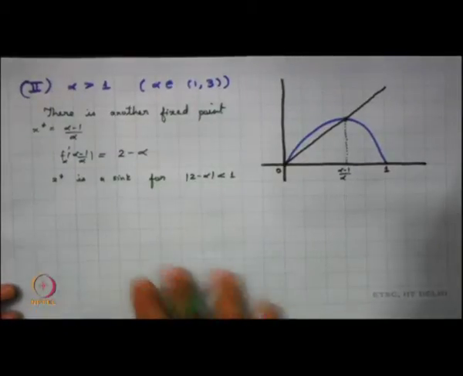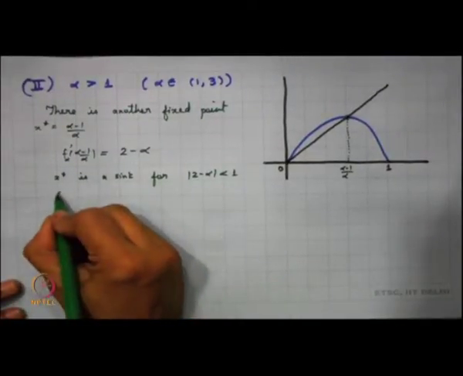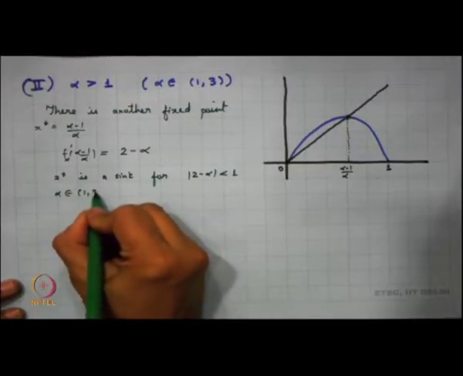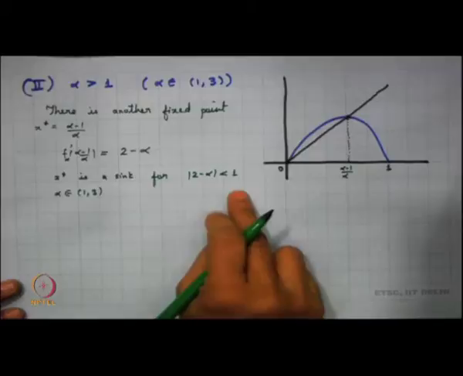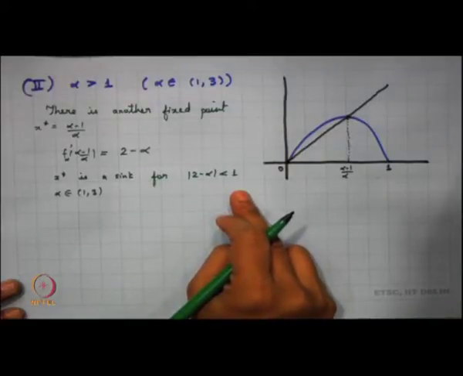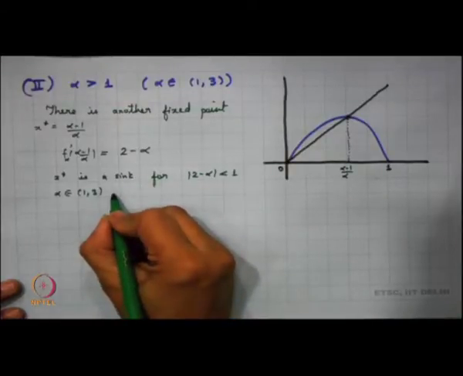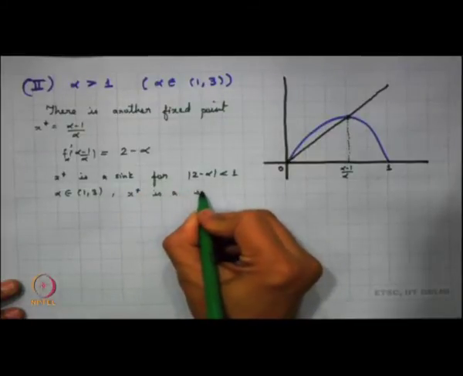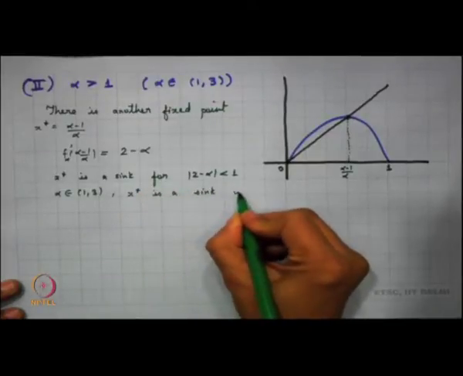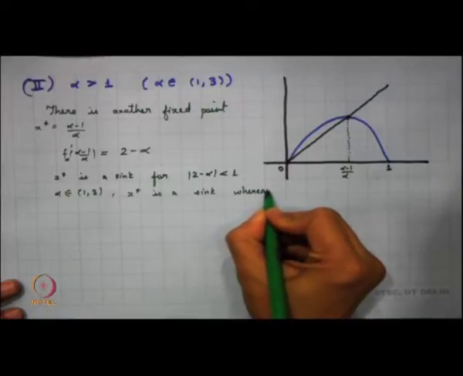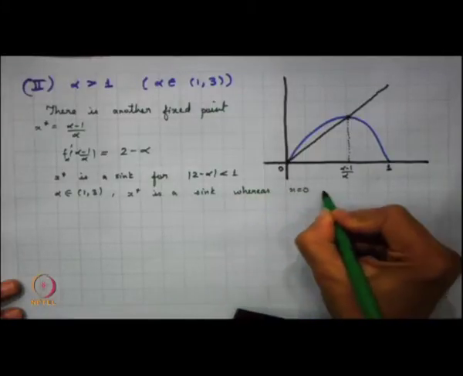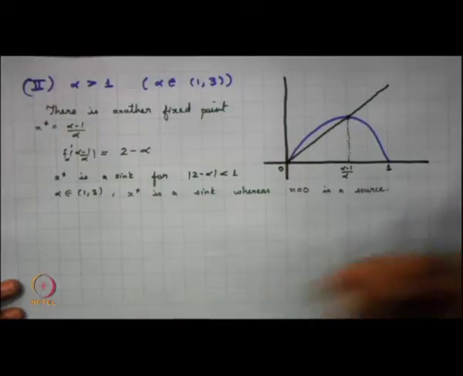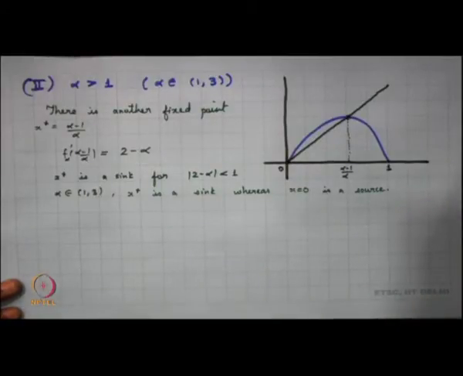So, if alpha belongs to (1, 3), this equation is satisfied. So, if alpha belongs to (1, 3), then x star is a sink, whereas x equal to 0 is a source. So, I have two fixed points here, one is a sink, the other is a source.